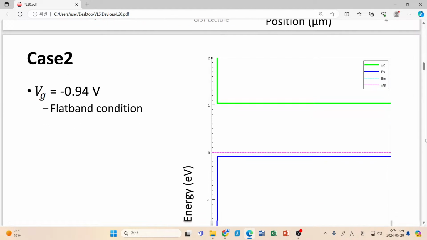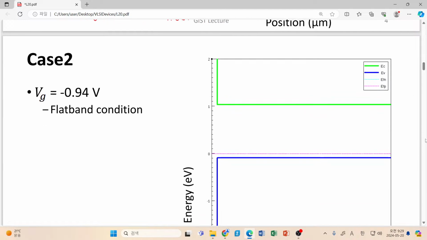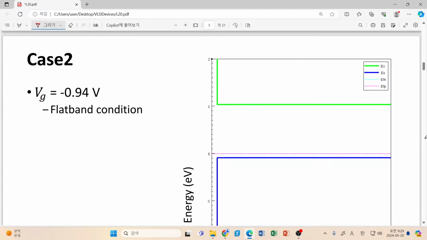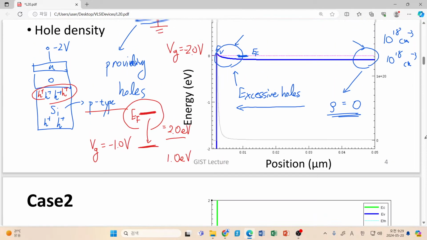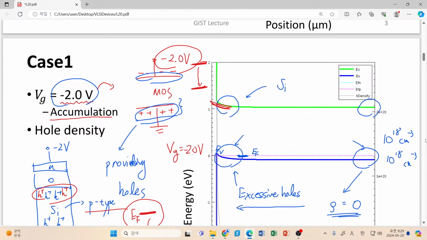Please make a comparison. Here now we have a value close to -1 volt, and previously our Fermi level was located here corresponding to 2.0 electron volt, and now when we apply it, it corresponds to 0.94 electron volt.